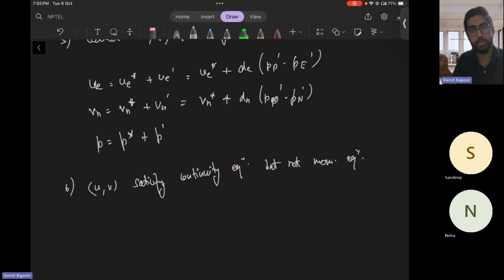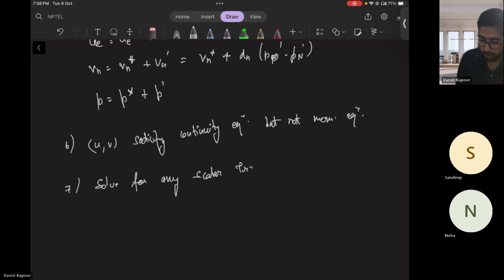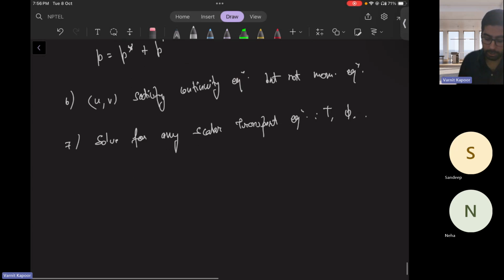The continuity is nonlinear and momentum is linear. Solve for any scalar transport equation. You can solve for transport equation like T, phi, and so on to give bounded solution. And you can check for convergence.